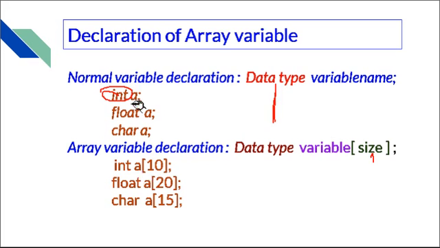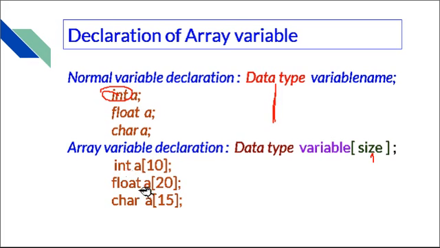But int A as a normal variable is capable of holding only one value at a time. Here it is an array variable, capable of holding 10 elements at a time. What type of elements? 10 integer type elements, since the data type is int.